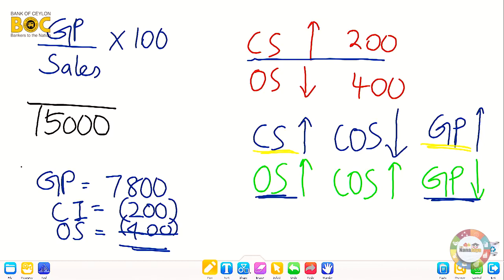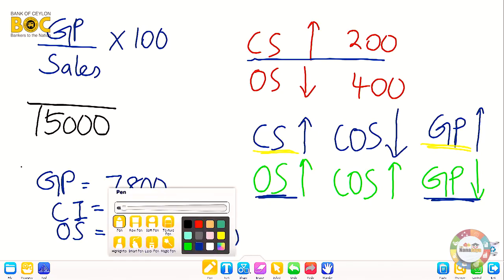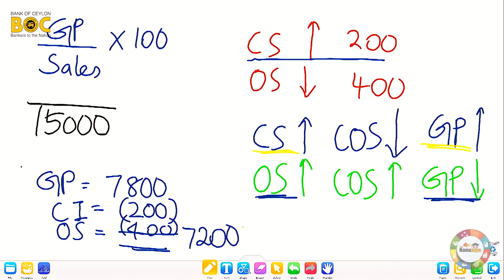The correct gross profit is 7,200. You can transfer 7,200 to our formula here.